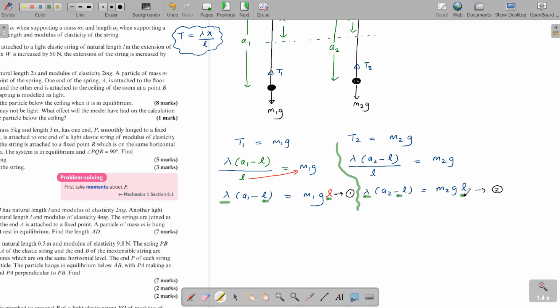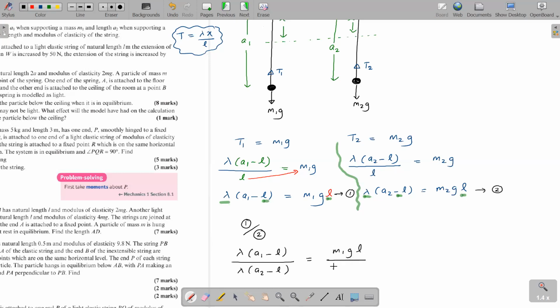So the easiest way to do this would be what? The easiest way to get through this is to divide the two equations, because many of the unnecessary terms can cancel out. So when you divide the two equations, what do we get? First equation divided by the second. Let's divide lambda (A1 minus L) over lambda (A2 minus L) equals, what do we get on the other side?